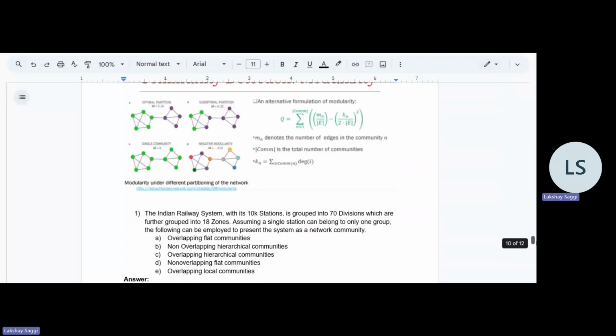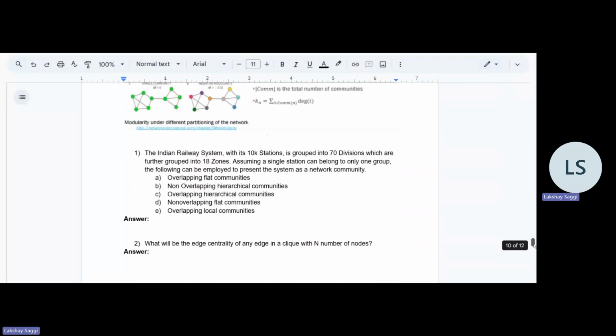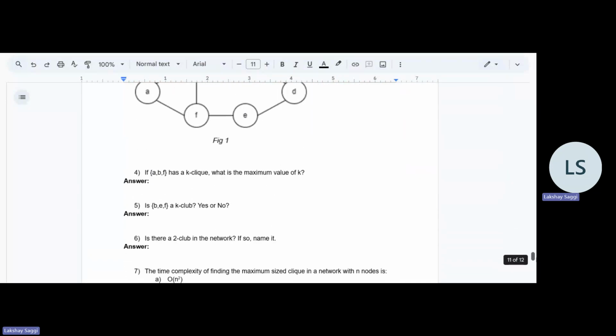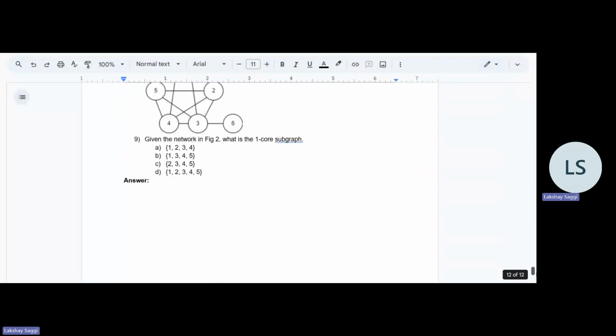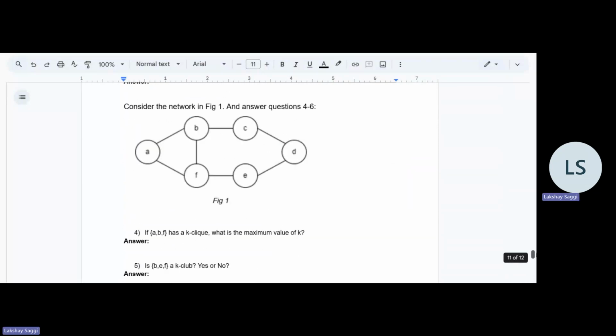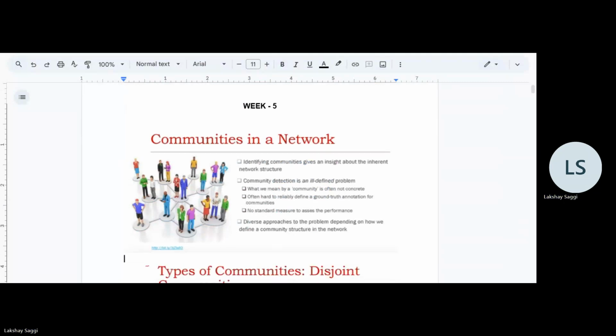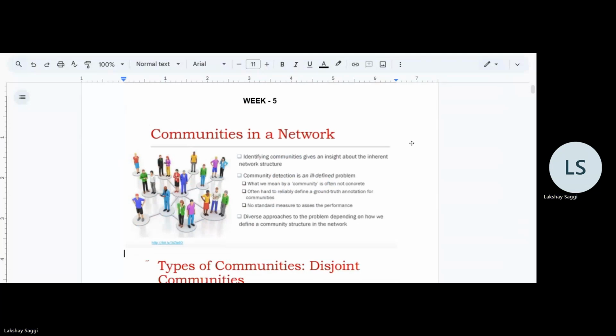Some are more mathematically involved than others, but once you're clear with all of these definitions and your intuitions, then I believe the problems are not so hard to solve. So we can get started with discussing the lecture first.